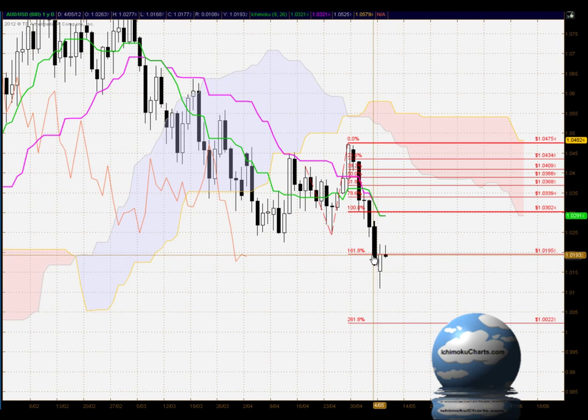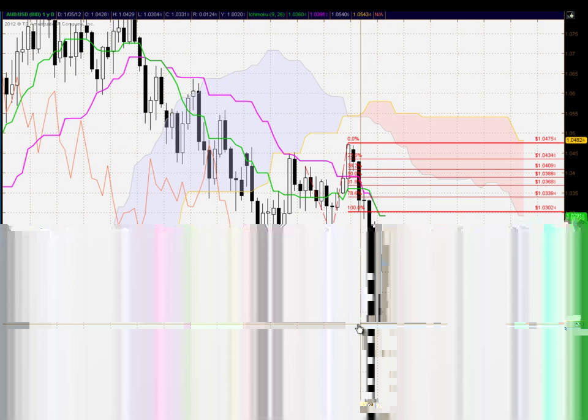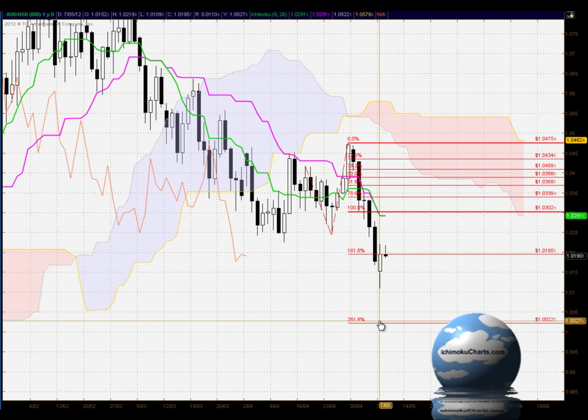At the moment, we've had the market test below the 161.8% of this move here, and we are getting some rejection, but the market has tested lower. The trend is still down. There is still a possibility that we could trend down to the 261.8% level at 100.22, which is basically the round number $1. So that is something to look out for.